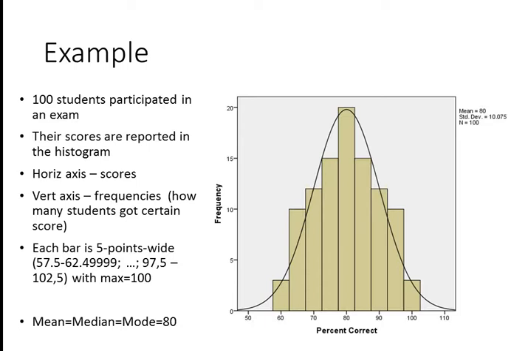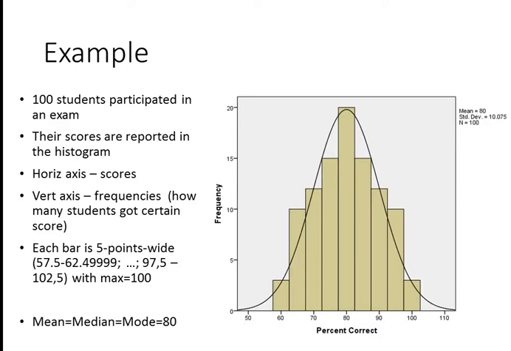Just a remark, frequencies here are not what we called height in episode 1, but it doesn't matter because all bars are 5 points wide, so dividing by 5 will simply rescale and will have no real influence on how this picture looks. So we see that 3 persons scored around 60 points, 10 persons scored around 65, and so on.